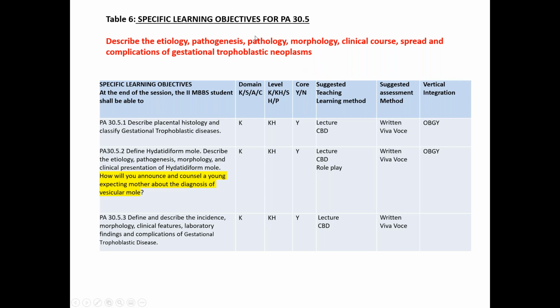If we go strictly by this, then we will only be talking of choriocarcinoma and placental site trophoblastic tumor. So first of all, we have given here the first SLO: describe placental histology and classify gestational trophoblastic diseases. Then the next SLO: define hydatidiform mole, and describe the etiology, pathogenesis, morphology, and clinical presentation of hydatidiform mole.